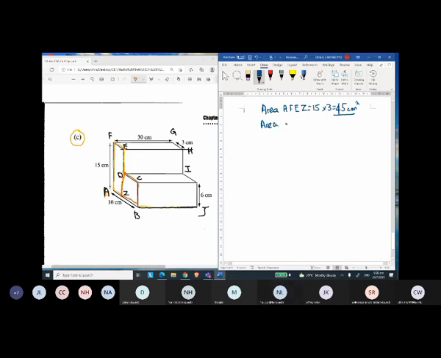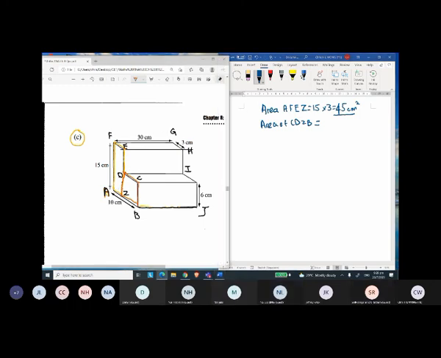Area of C, D, Z, B equals to what? 7. Very good. Why 7? 10 minus 3. Yes, you need to minus away, because this is 7, okay? You need to do 10 minus 3, then you get CD, which is 7, okay? So one by one, I have to do one by one.